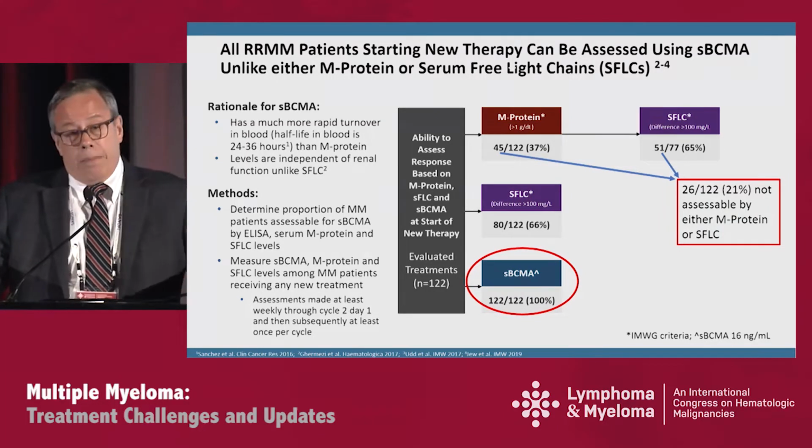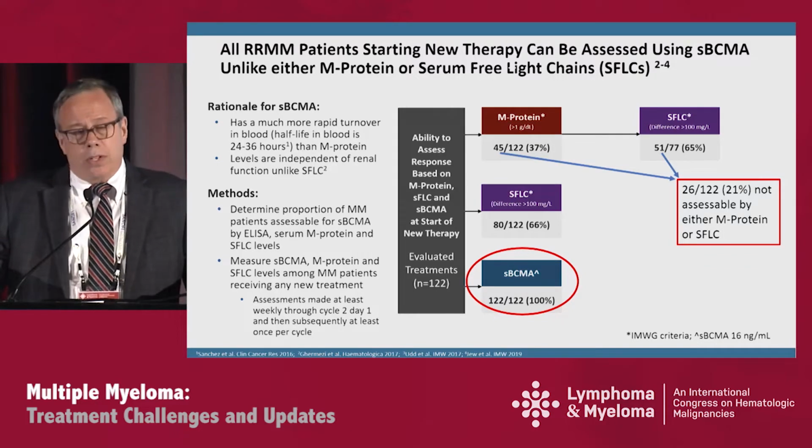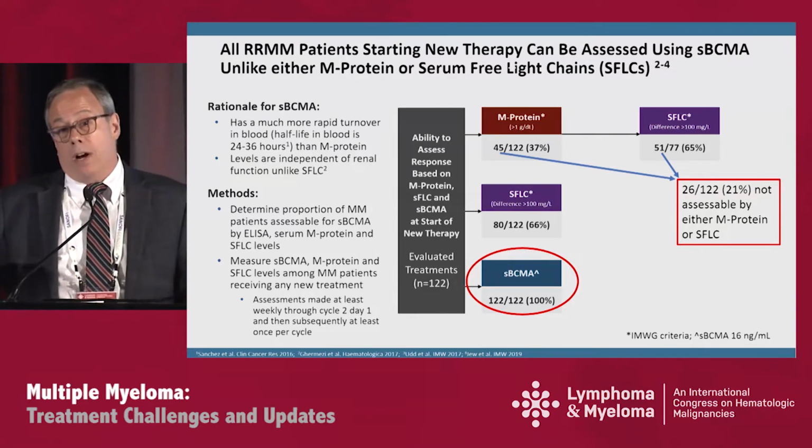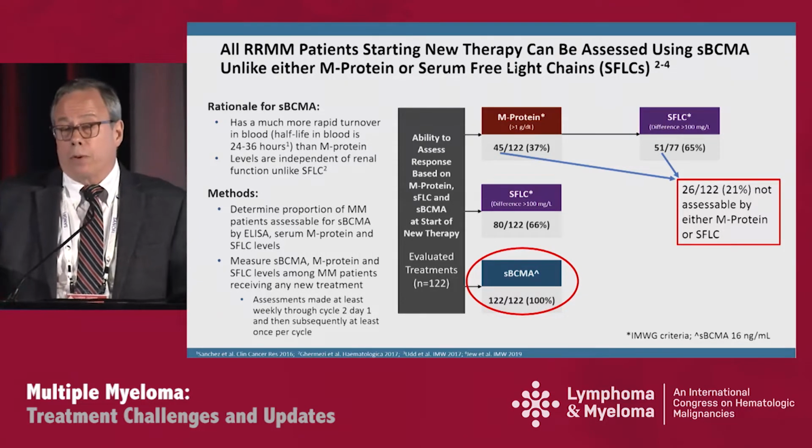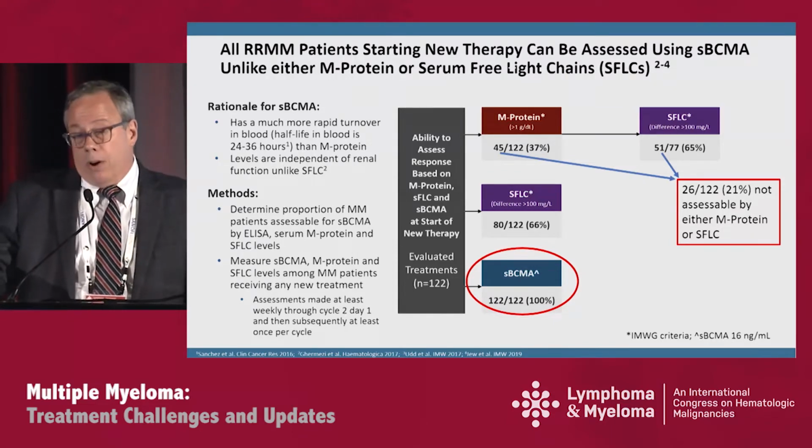So again, because of the more rapid half-life, we expected to get a more rapid read on progression. We determined the proportion of patients that were accessible by BCMA, M protein, and serum free light chain, the latter two based on IMWG criteria, and then we measured those three analytes at baseline, weekly during the first month of new therapy, and also on day one of the second cycle.